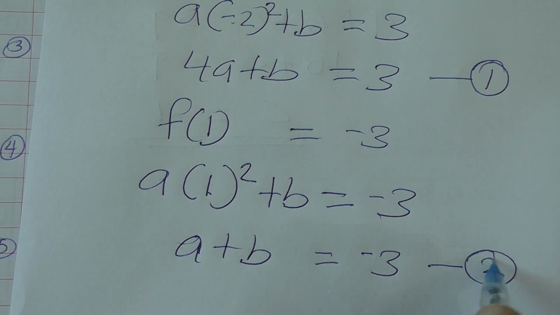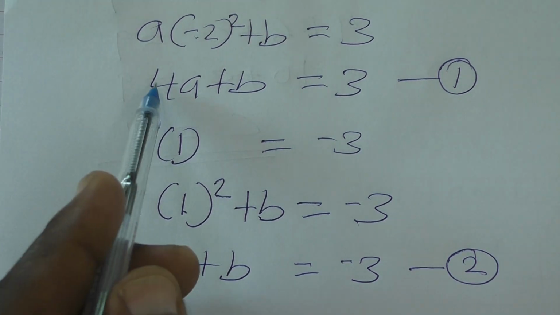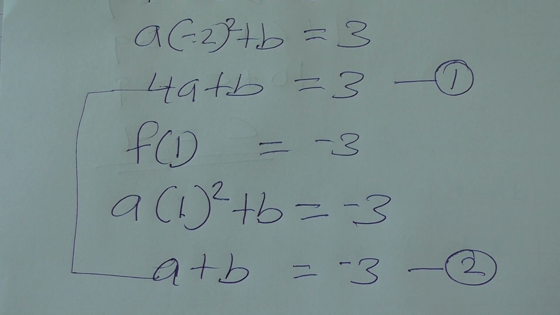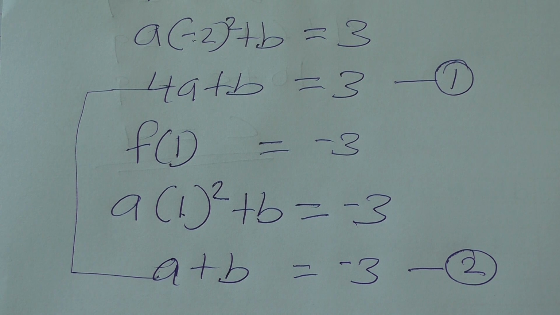This is equation 2. Now that you have equation 1 and equation 2, they form what we call simultaneous equations. Then you solve them using any convenient method to find the values of a and b.